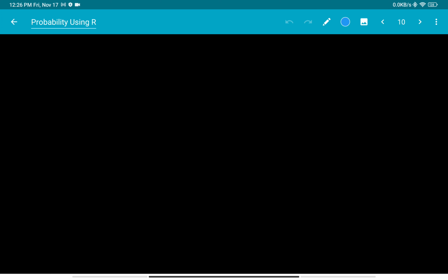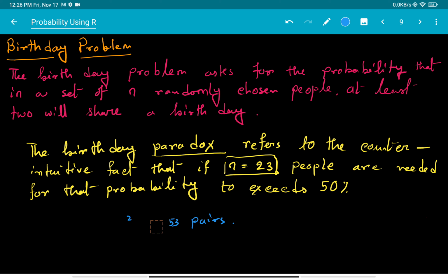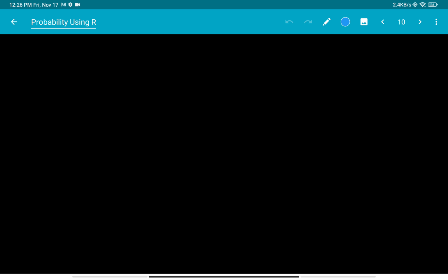So from a permutations perspective, if you know what permutation means, and I hope you have heard this term, permutation and combination.